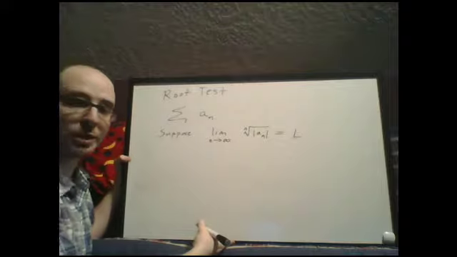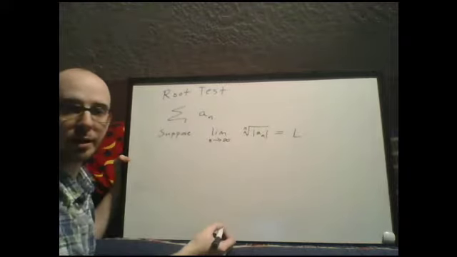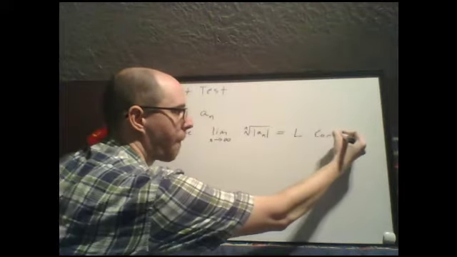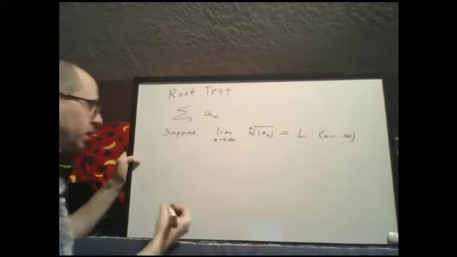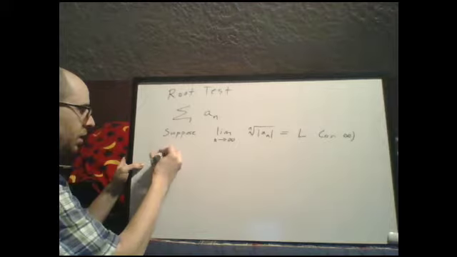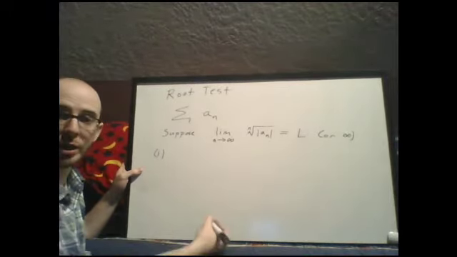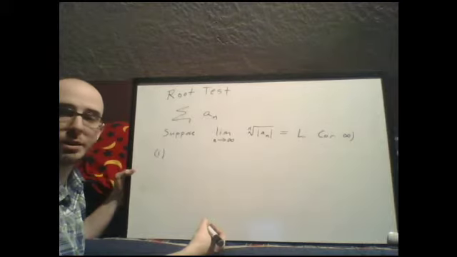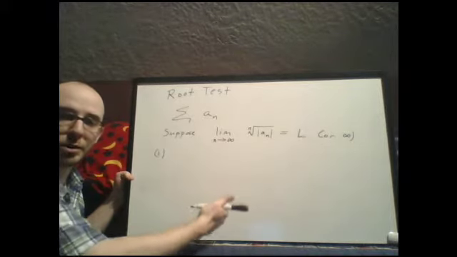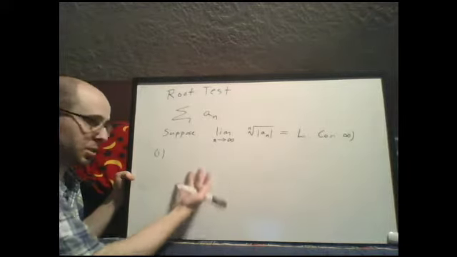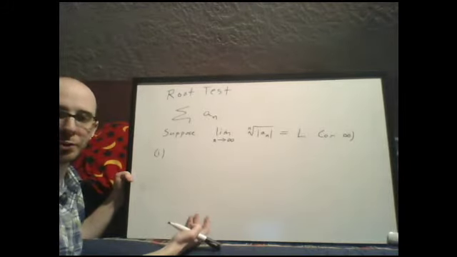Again, just like with the ratio test, it could be infinite. That's valid. So L could be infinity. And so we compute this limit, and then depending on what its value is, it tells us absolutely convergent, divergent, or inconclusive. The conditions, the three cases, are exactly what they were for the ratio test.